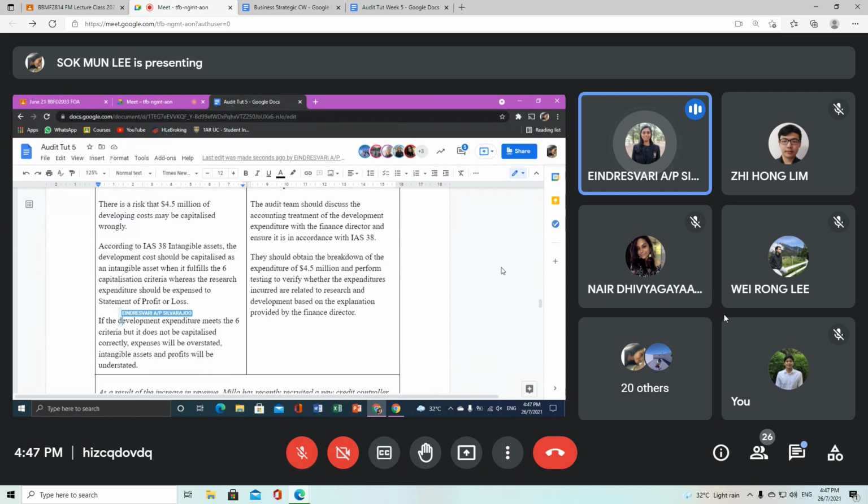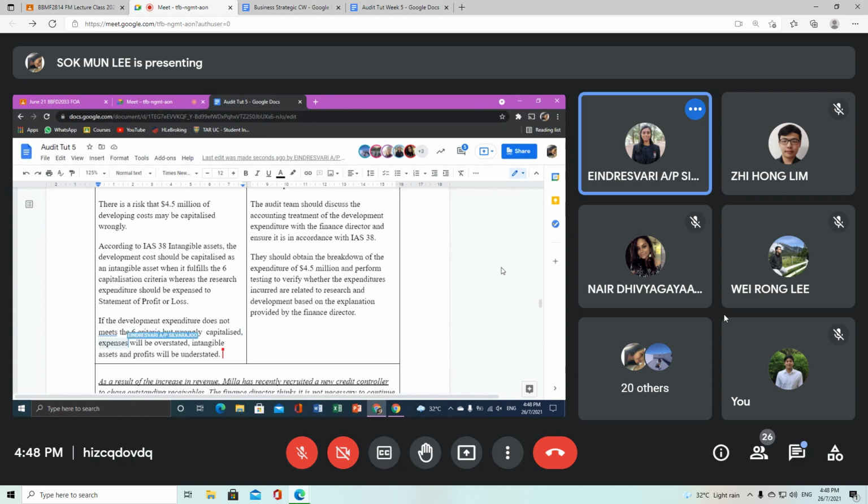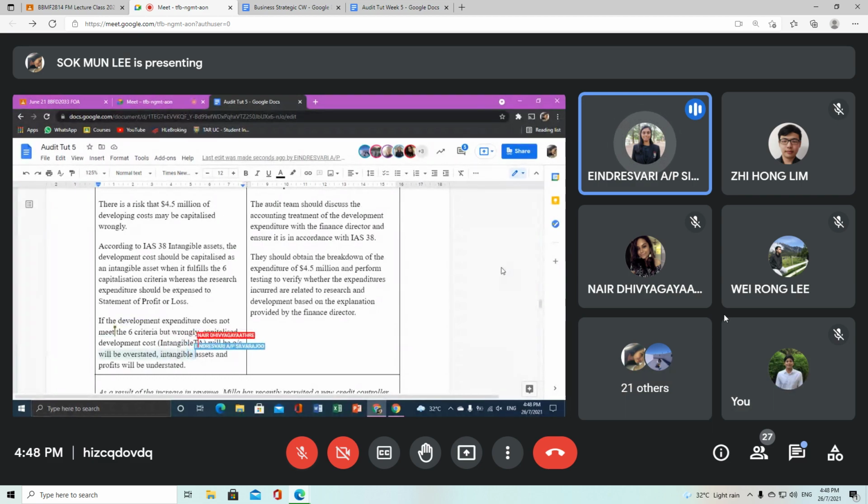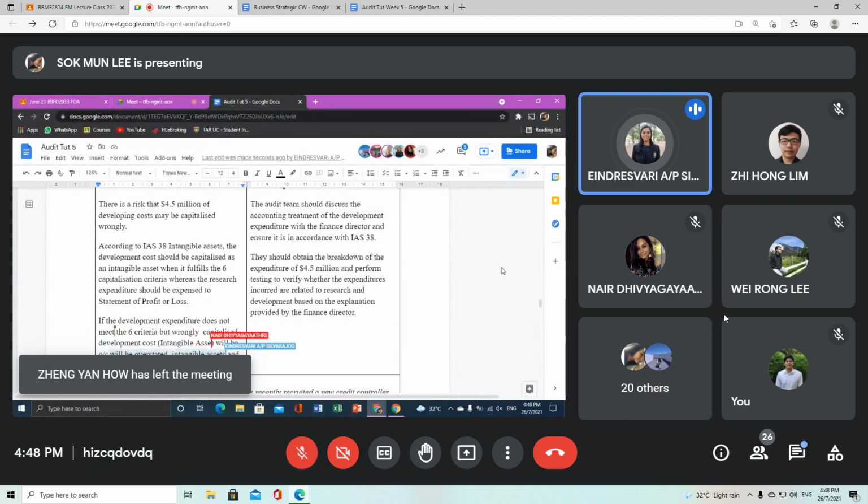But if the development expenditure does not meet the 6 criteria but is wrongly capitalized, then the development cost, which is the intangible asset, will be overstated, and profit will be overstated.